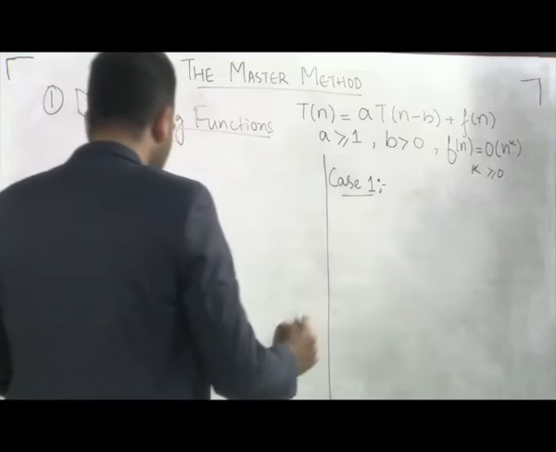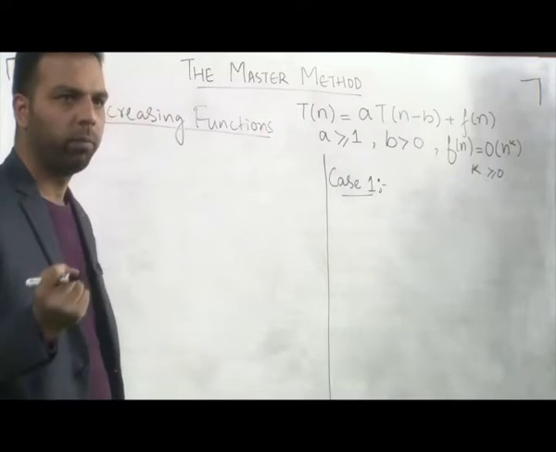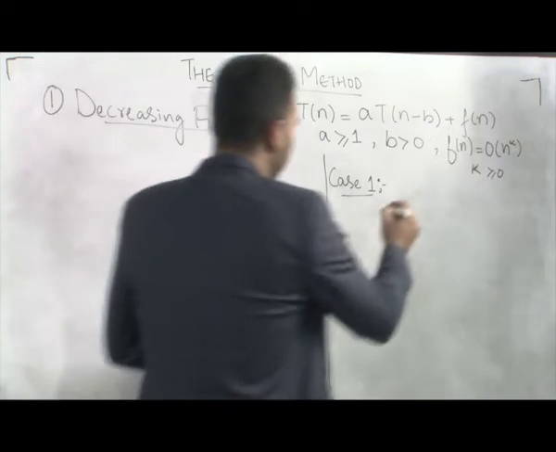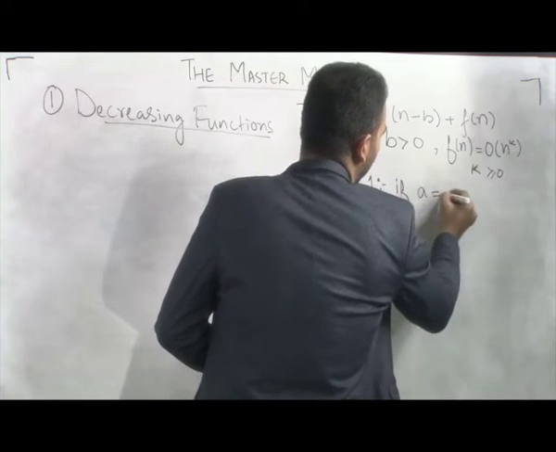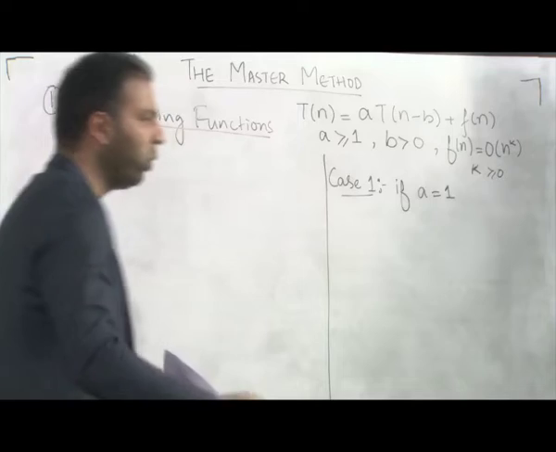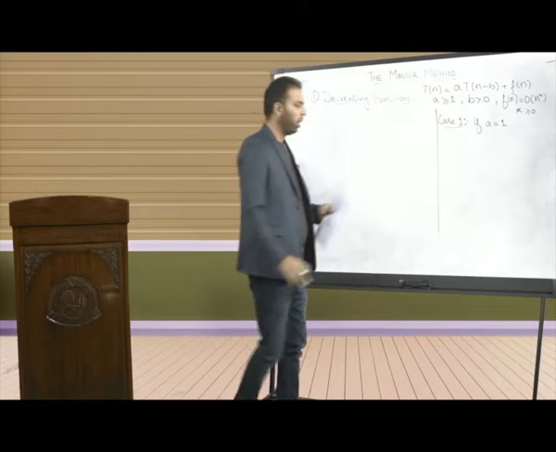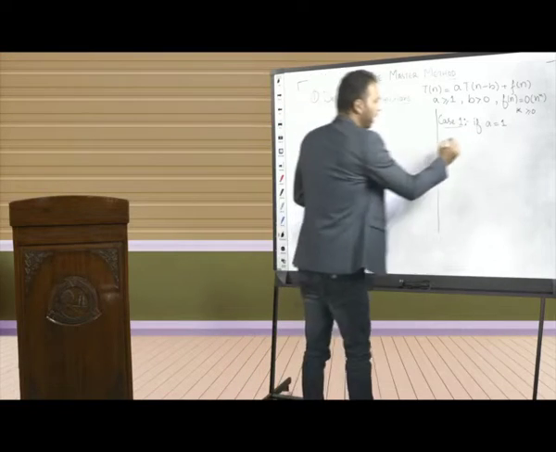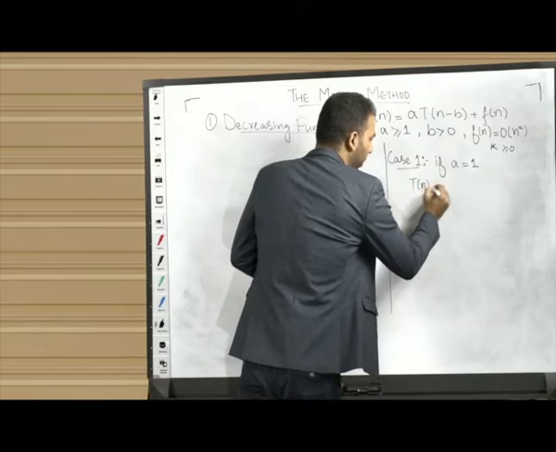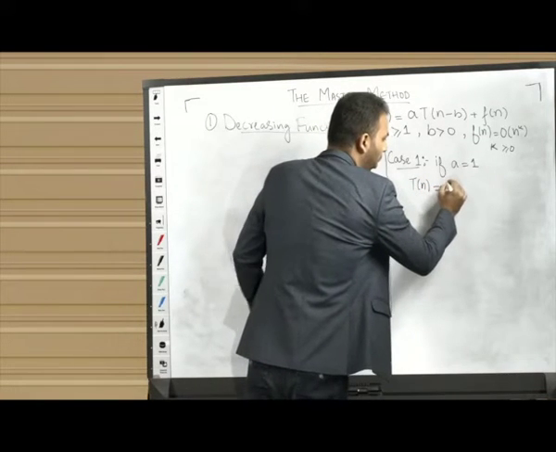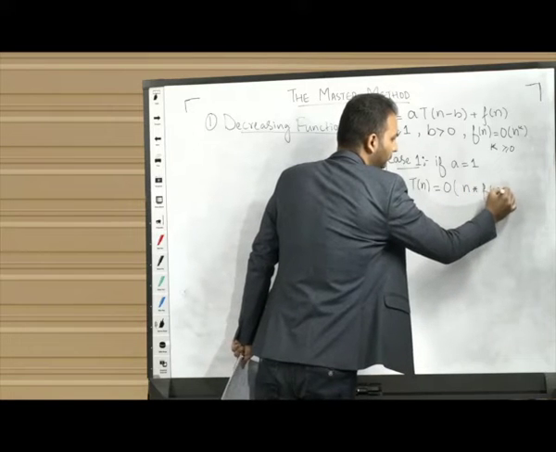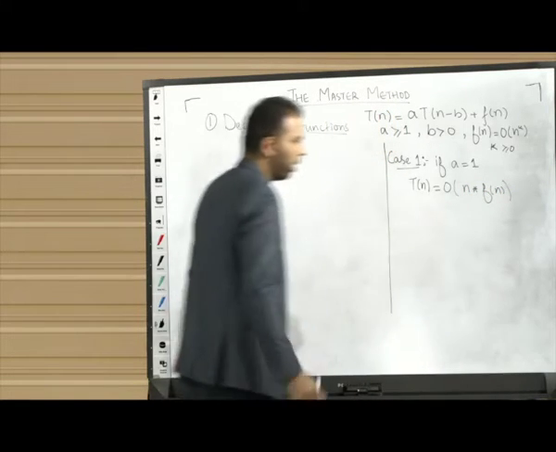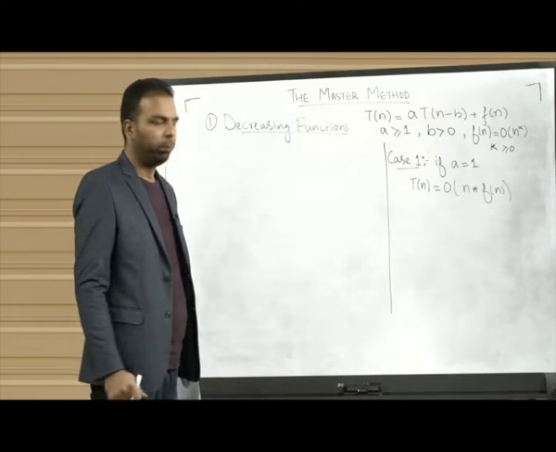So we have to only look at your A. If your A is equal to 1, whenever your A is equal to 1, your T(n) will be equal to order of n into f(n).